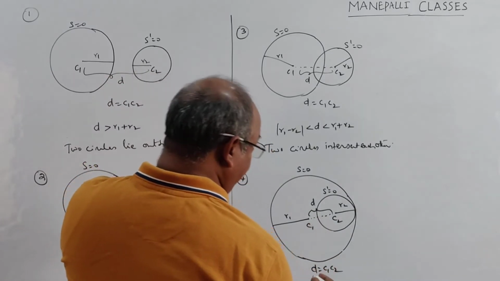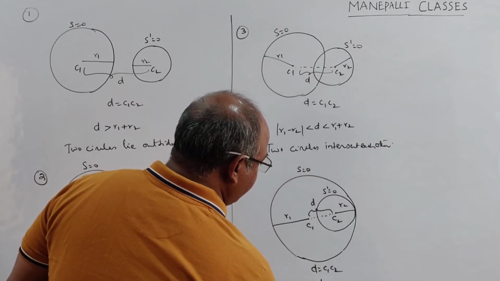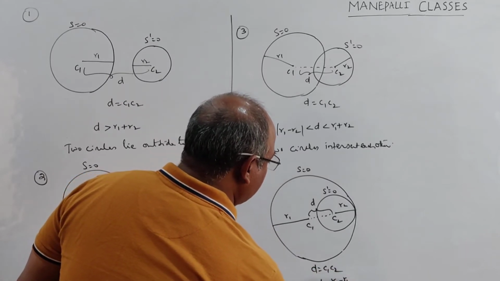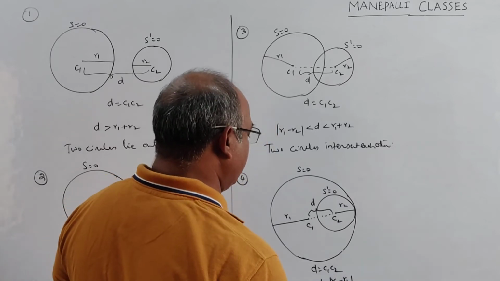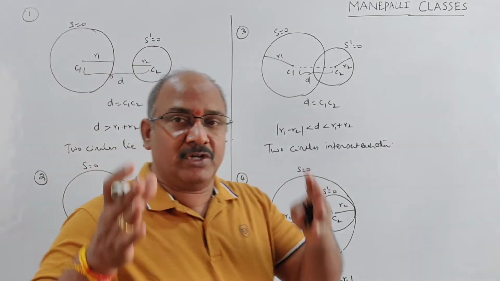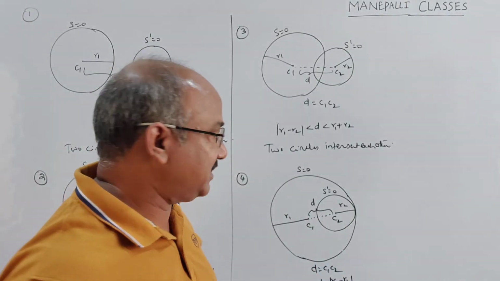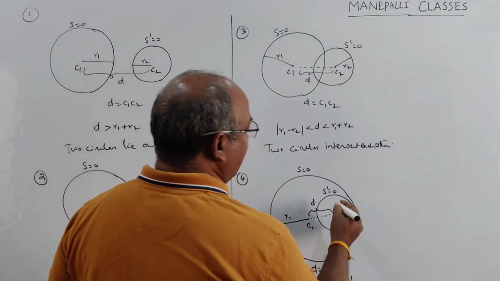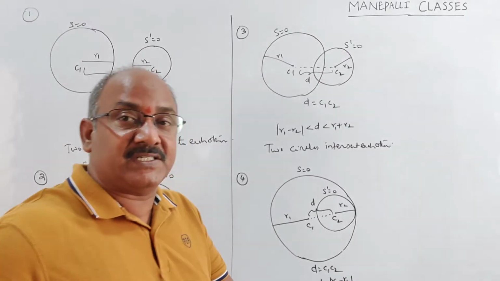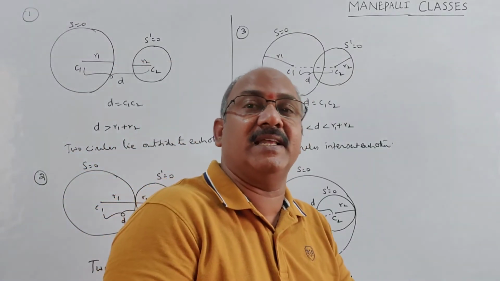Here you see D is equal to R1 minus R2 with modulus. Because it is a distance, it is modulus of R1 minus R2. Whenever D is equal to modulus of R1 minus R2, here I can say one circle touches the other circle internally.